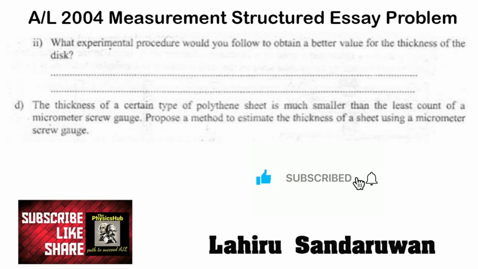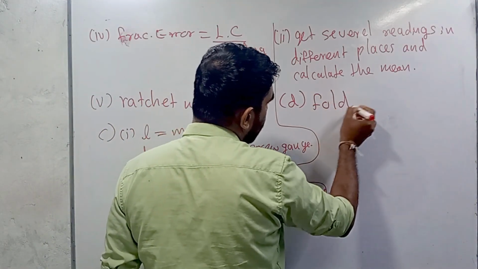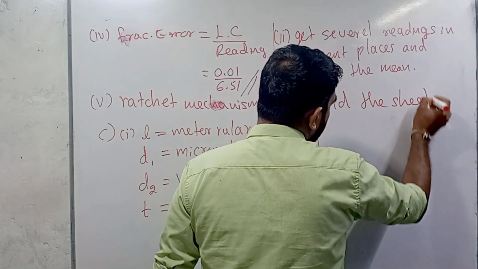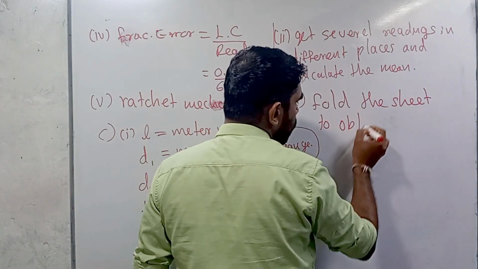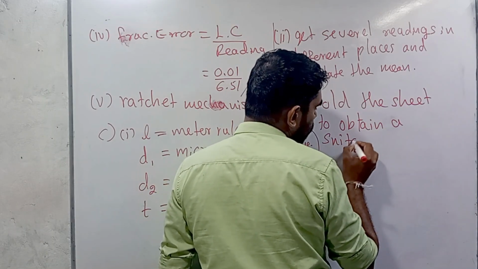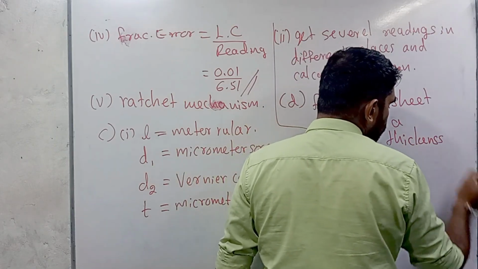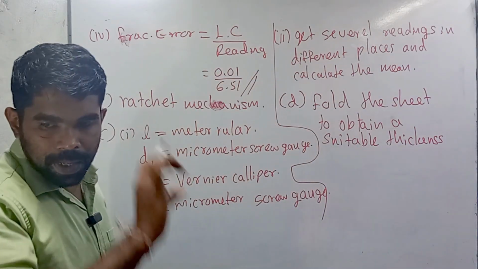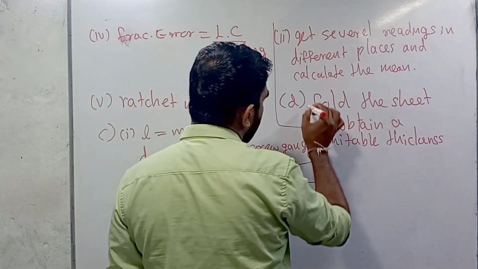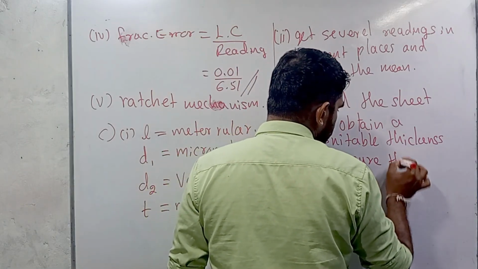Then part D. The thickness of a certain type of polythene sheet is much smaller than the least count of the micrometer screw gauge. Propose a method to estimate the thickness of the sheet using the micrometer screw gauge. We can fold the sheet to obtain a suitable thickness. And then we can measure the thickness of the folded sheet.